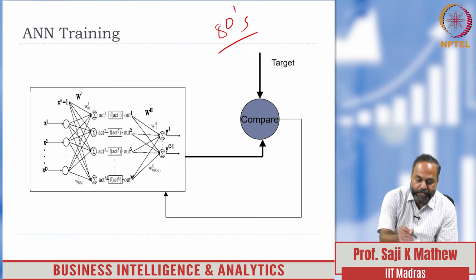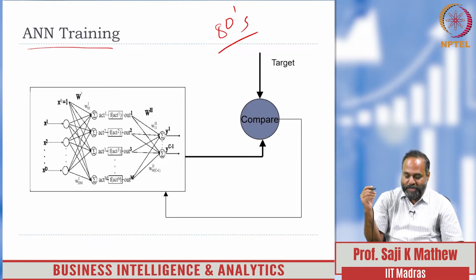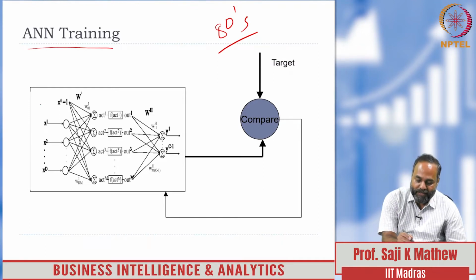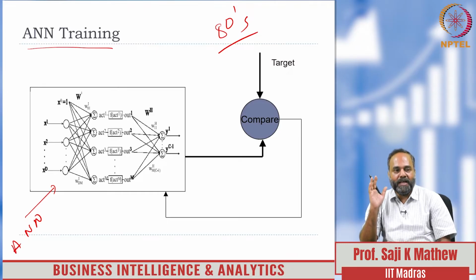Now ANN training can be explained using this slide or this picture. The idea here is to illustrate how training happens. You can see that there is a black box here, which is the neural network. The ANN is a software which is designed, and as a structure it exists.